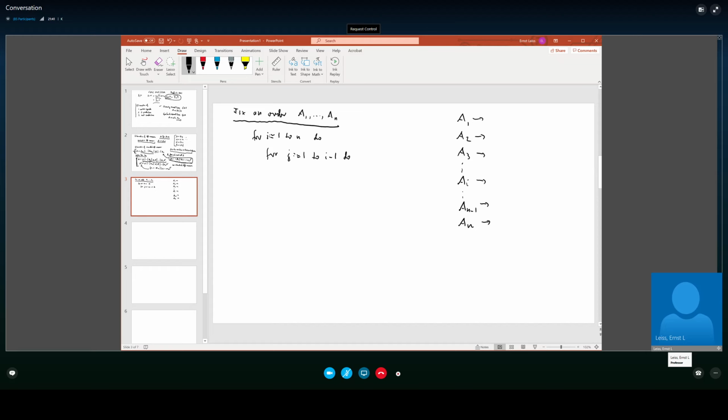So that means that Ai in general, if it produces a t alpha, then t has to be strictly greater than i. So if I have an Ai production, then it could have an Ai plus 1 or an Ai plus 2 or whatever, but it can't have anything above.